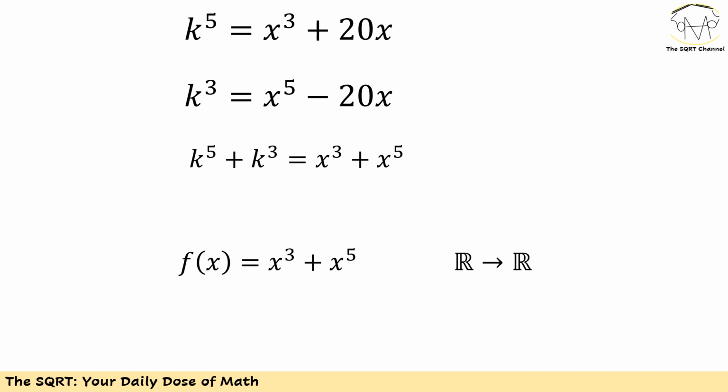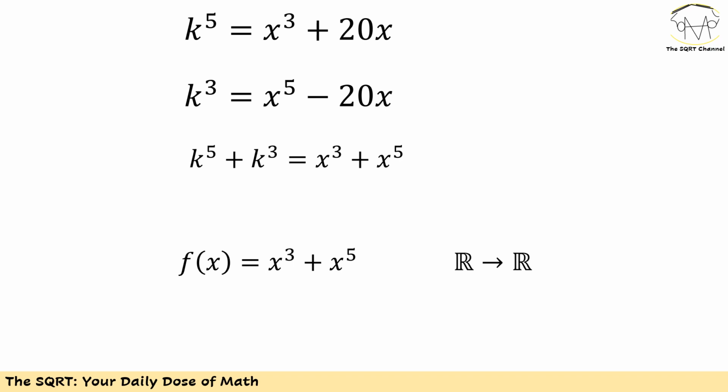So the function that I just defined is going to have domain and range in real numbers. Now let's see what we are going to do with this function. F of x or f of k, we already have those values here. We know that f of x is x cubed plus x to the power of 5, and similarly we have f of k. So here f of x and f of k are equal.